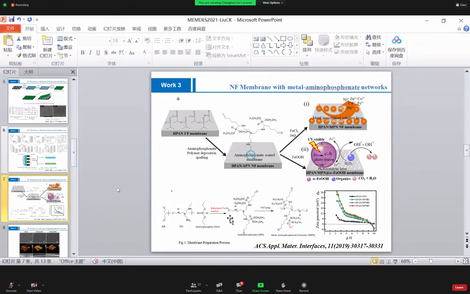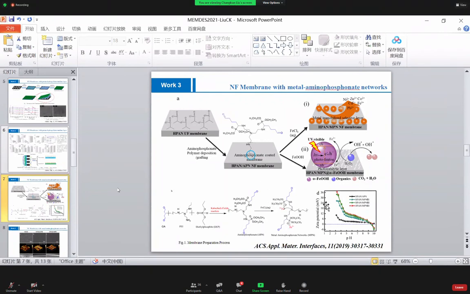The aminophosphonate was prepared through the typical Kabachnik-Fields reaction using glutaraldehyde and polyethylenimine, and also diethyl phosphite, GA, PEI and DEP. This aminophosphonate, known as APN, can further react with iron to form the metal aminophosphonate network, the MPN, and we can further immobilize the MPN onto these HPAN membranes to form nanofiltration membranes.